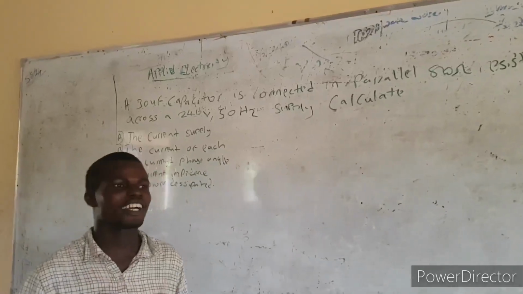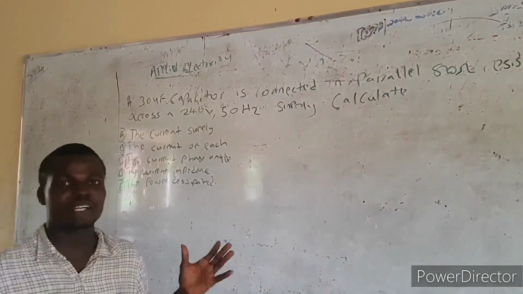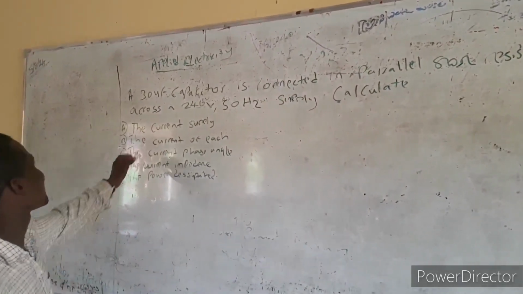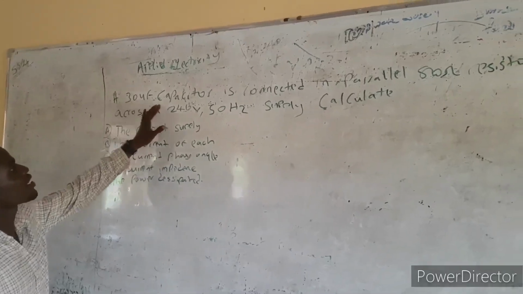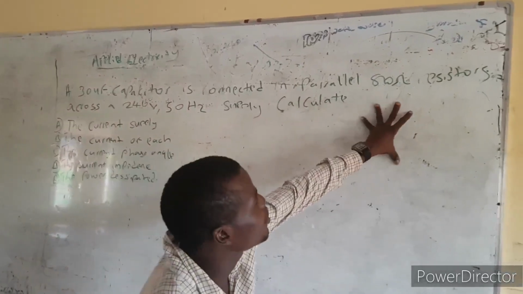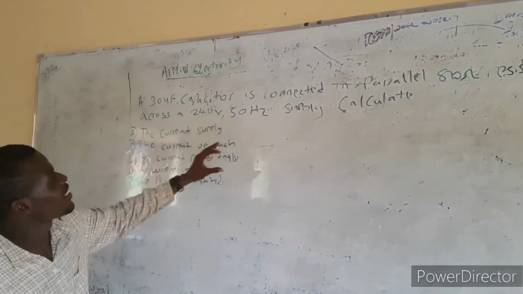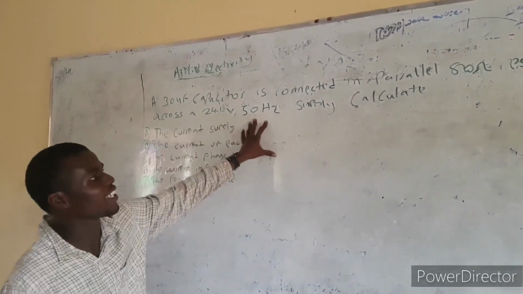Applied electricity, and we have a problem here to solve concerning a capacitor. A 30 microfarad capacitor is connected in parallel with an 80 ohm resistor across a 240 volt, 50 hertz supply.